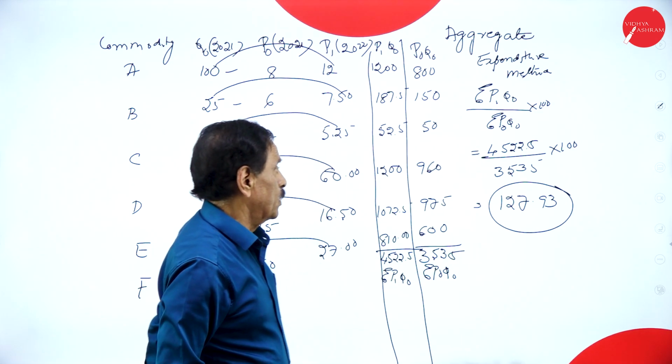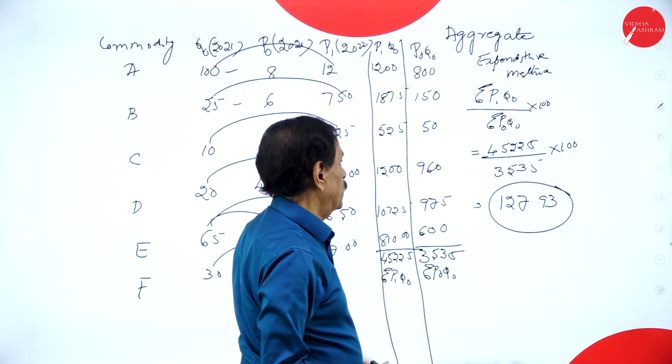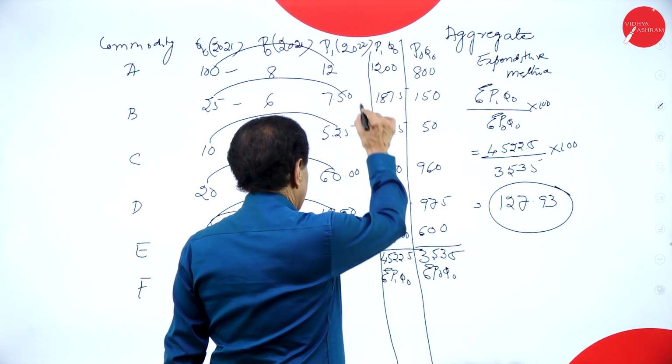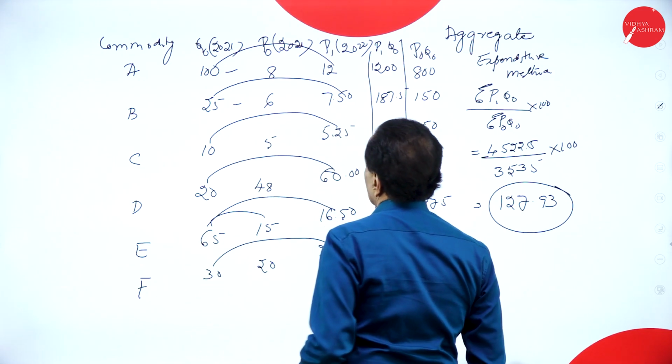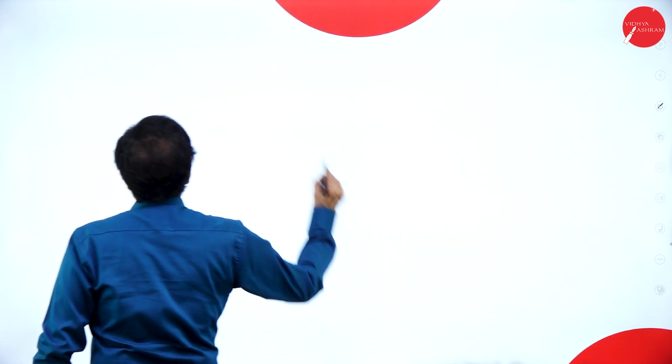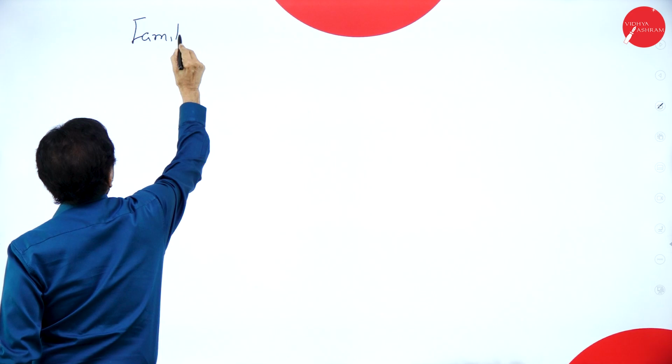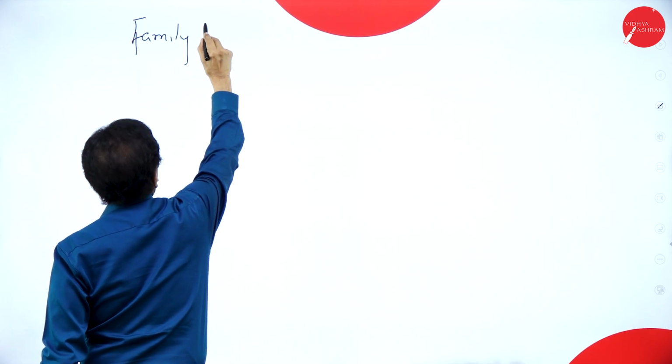What's the formula? Sigma P1 Q naught over sigma P naught Q naught. So this is also called weight. Then come back to the family budget method.